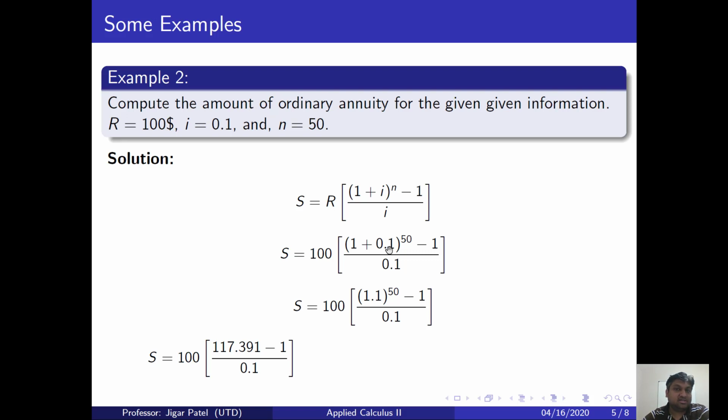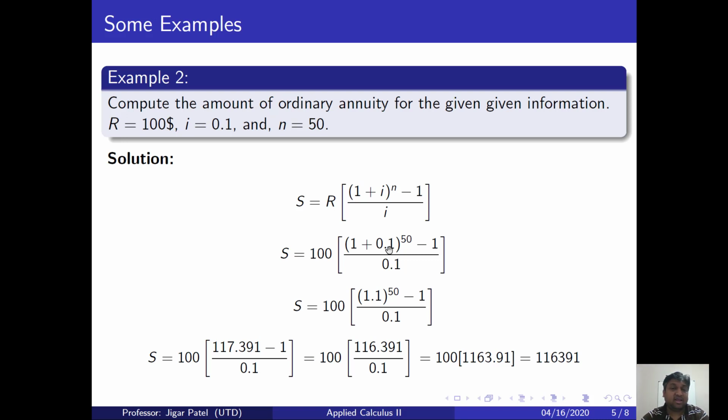You will realize it's going to be 117.391. Minus 1, divided by 0.1, times 100 is the total annuity. If you simplify further, you will get $116,391.